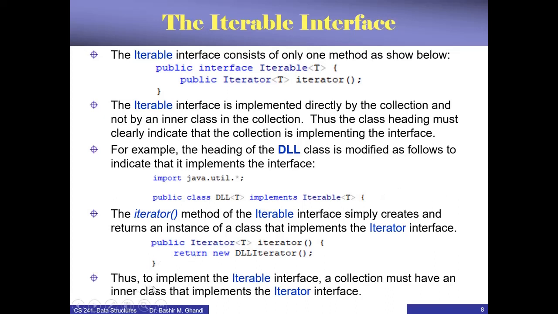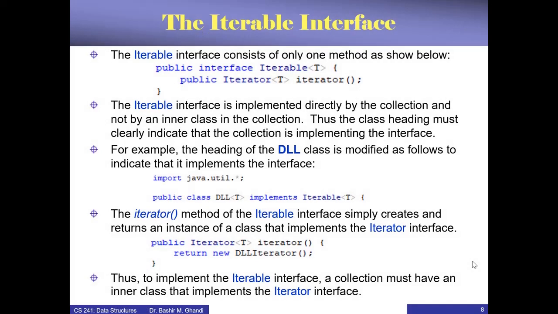It is therefore clear that to implement the Iterable interface, as a precondition, your collection must first have an inner class that implements the iterator. The method required by Iterable returns an object that implements iterator, so you cannot implement Iterable without first implementing iterator. I hope this is clear.